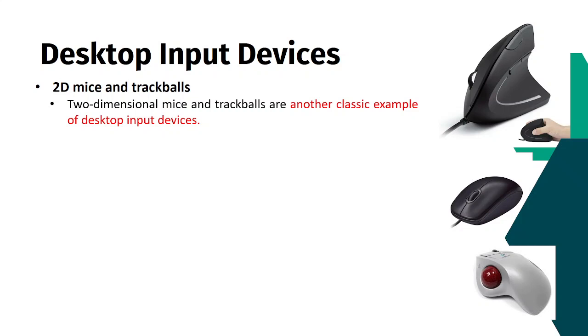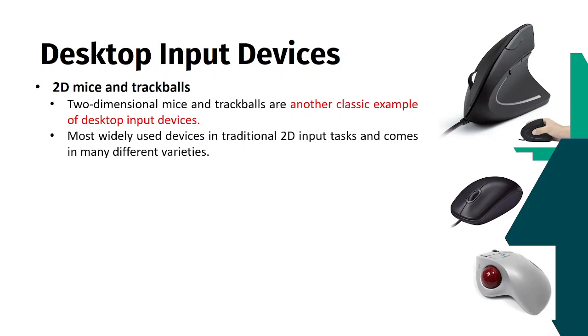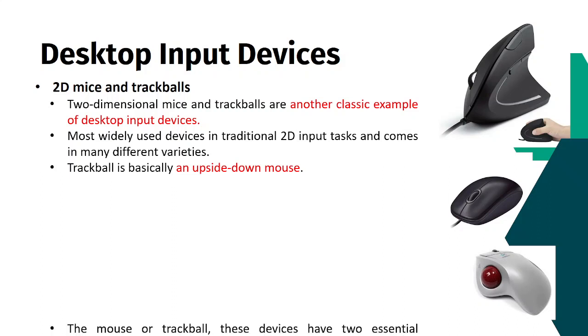It is the most widely used device in traditional 2D input tasks and comes in different varieties. A trackball is basically an upside down mouse where you move a ball with your fingers and that will handle a cursor, so you don't have to physically move the mouse from one place to another.